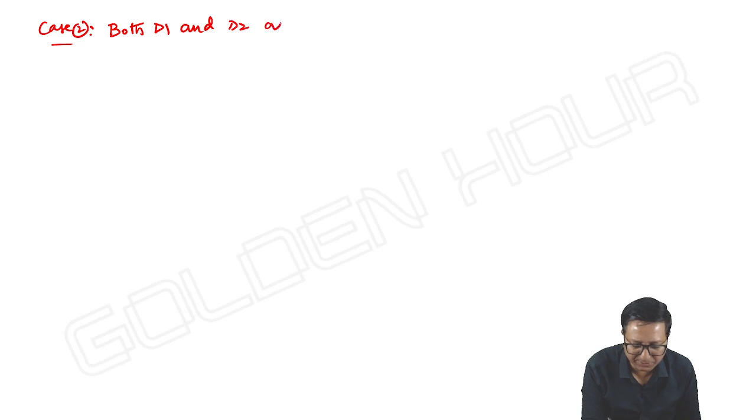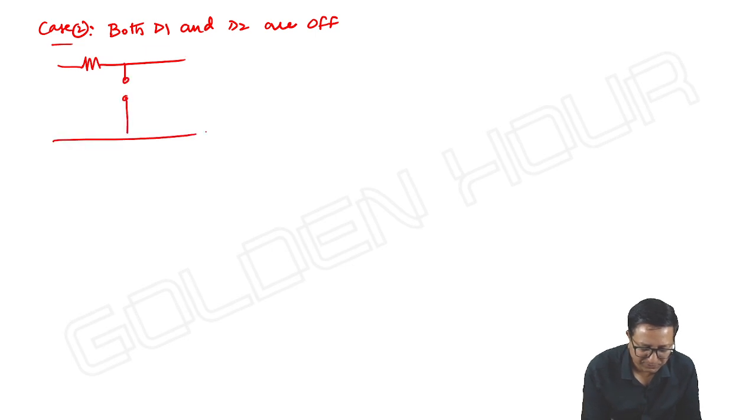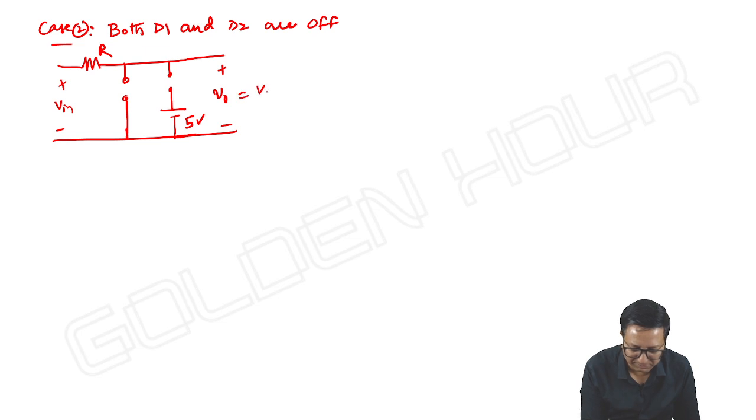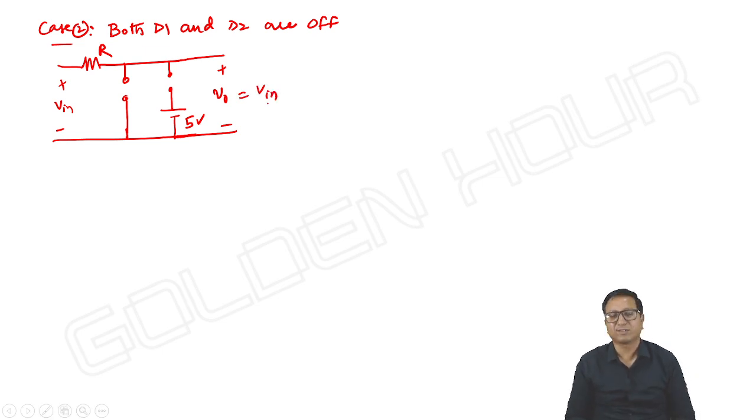Case 2: both D1 and D2 are off. So from this circuit, what is the relation between output and input? Output is equal to input.